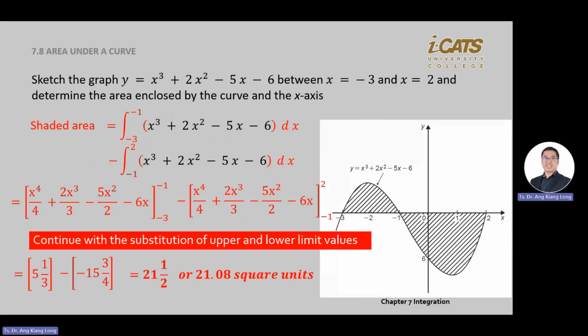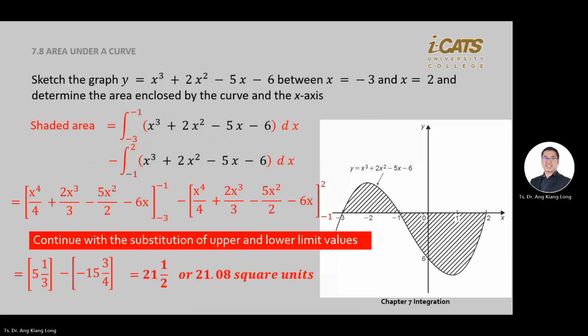Okay, you calculate later. Is it half? I don't think so. It should be something. It's 21 point something. I don't think it's half. It should be 0.333 plus 0.75.